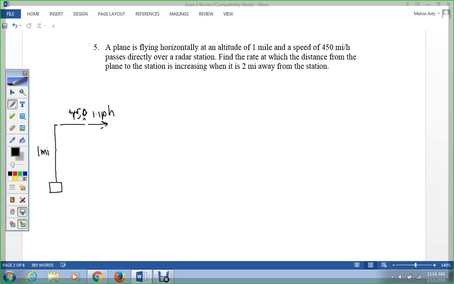Find the rate at which the distance from the plane to the station is increasing when it is 2 miles away from the station. So the distance between the radar station and the plane would be this distance here.